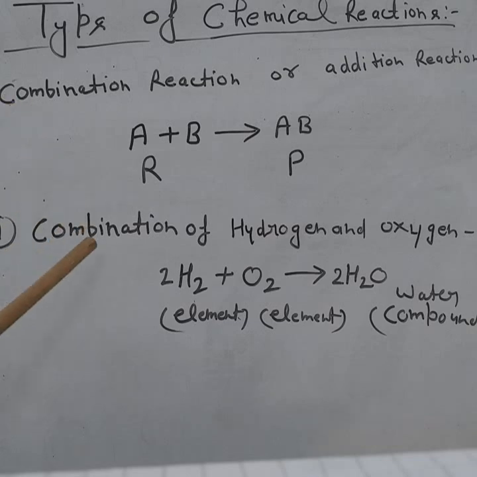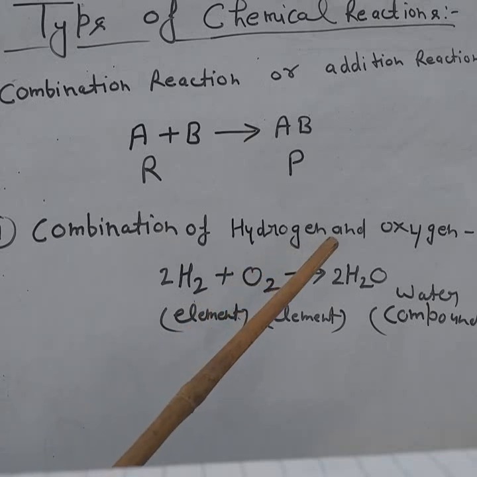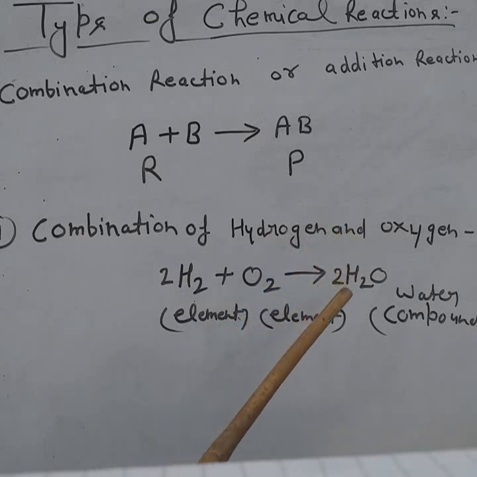The next example of a combination reaction is the combination of hydrogen and oxygen. When hydrogen is made to burn in atmospheric air or oxygen, it forms a single product, water.